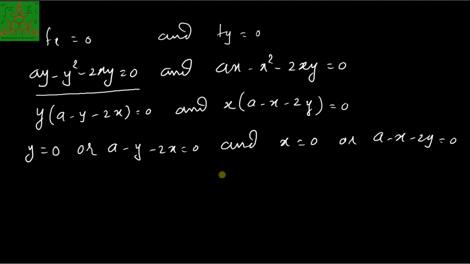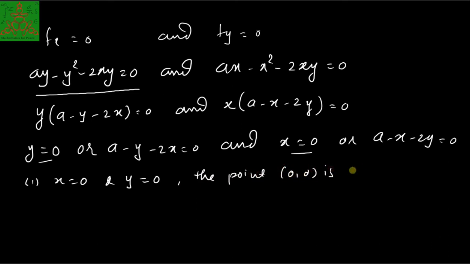Now what combinations are possible for this set of equations? The first possibility is x = 0 and y = 0, so the stationary point is (0, 0). I am writing 'st points' in short form for stationary points or critical points.